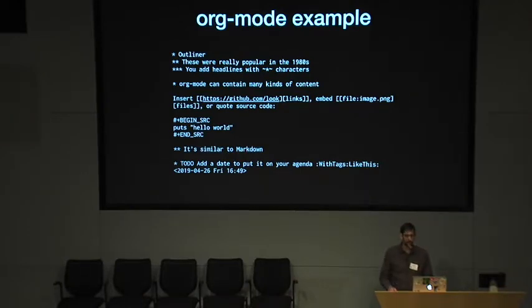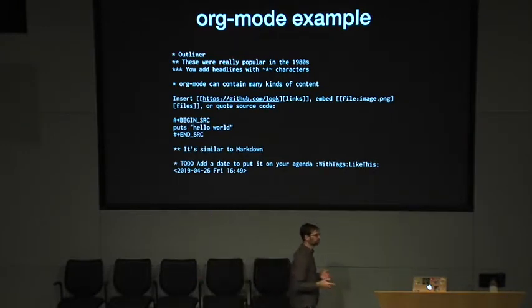For example, every headline can be associated with a tag. So these are tags, and you can filter your entire workspace by those tags and search on them. But you can also mark them with a status.